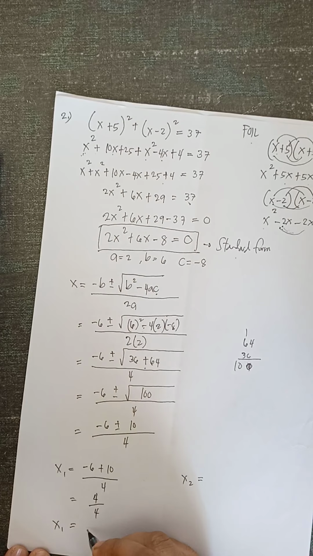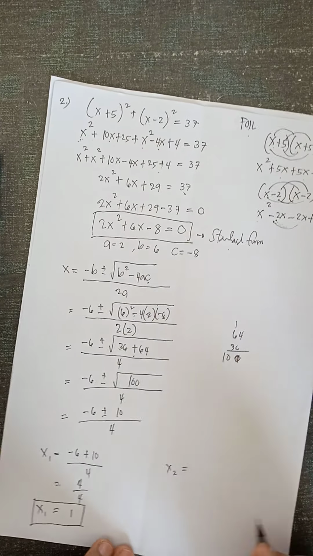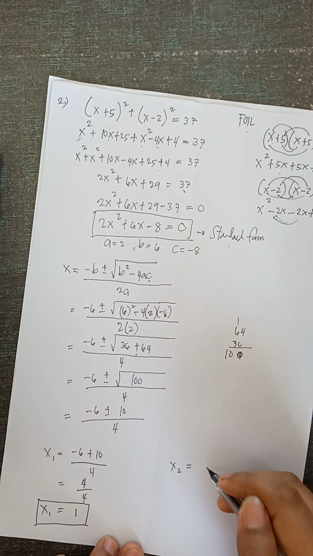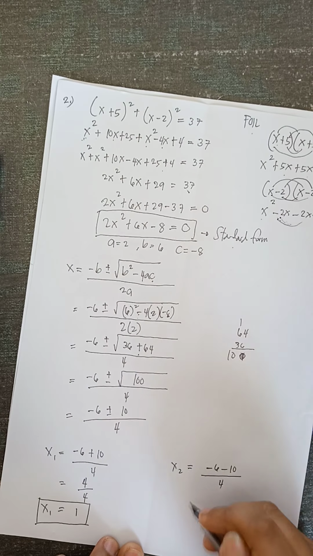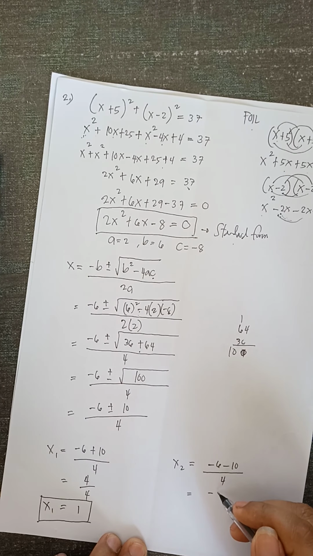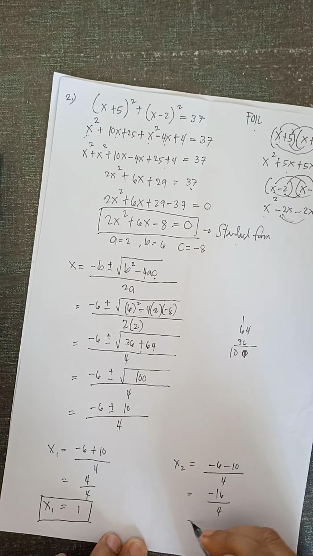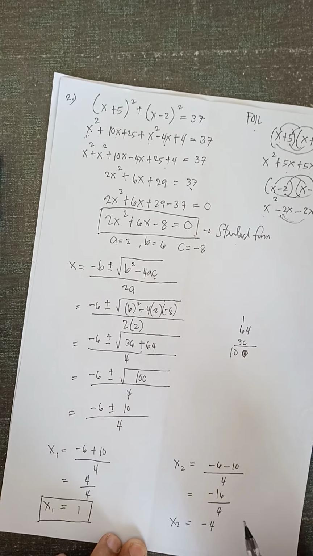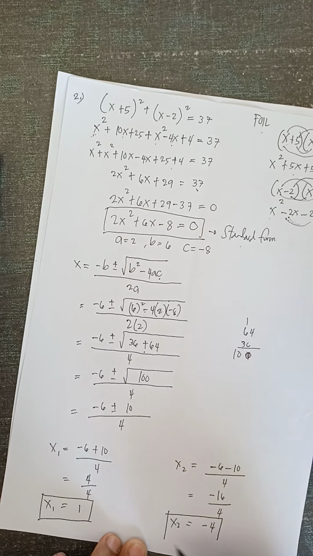So x sub 1 is equal to 1. And for x sub 2, the second root, we have negative 6 minus 10 all over 4. Negative 6 minus 10 is negative 16 over 4, and that is equal to negative 4.